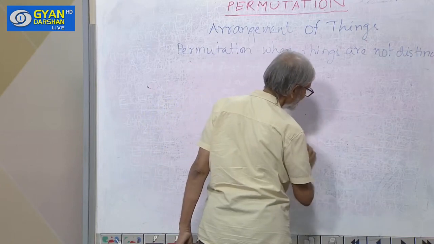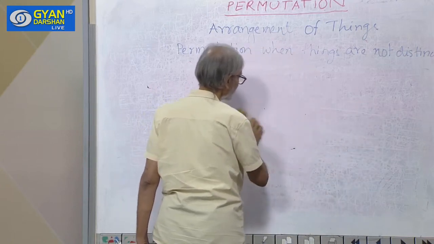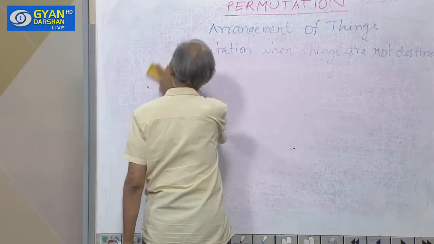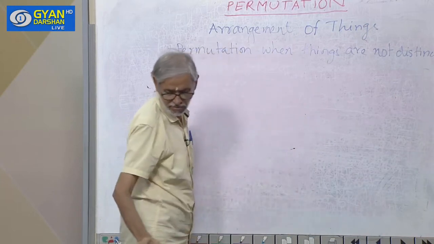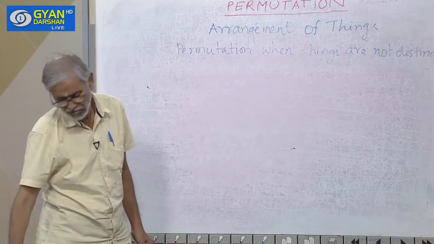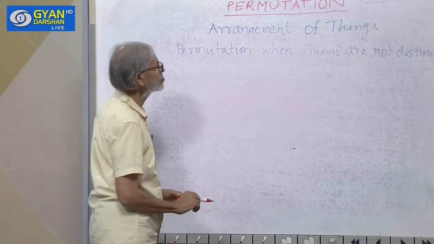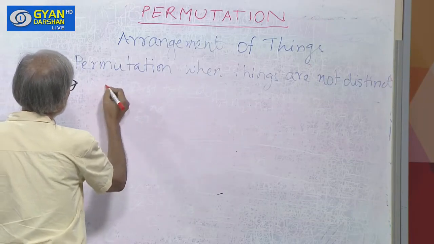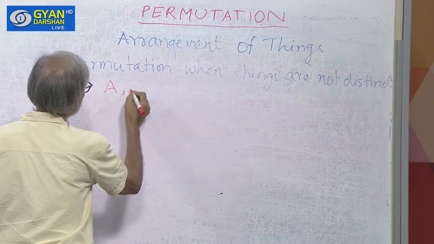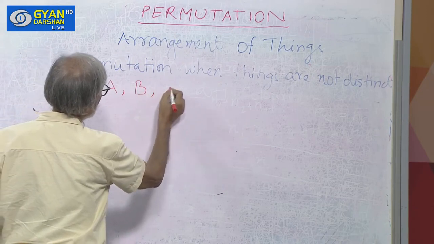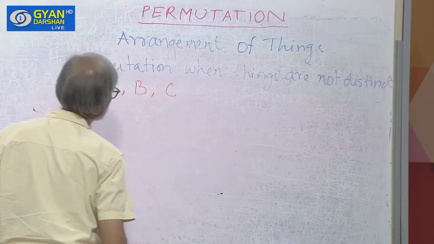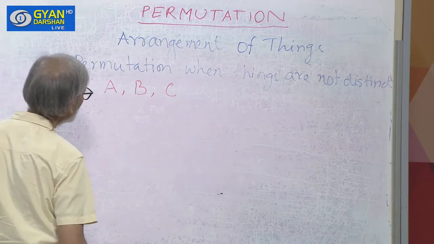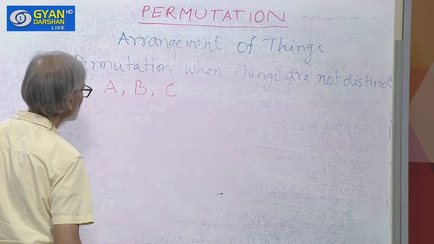Suppose n things are there, and repetition is allowed, say A, B, C, 3 letters are there, and it is said to form the 3 letter word, then how many words are possible?